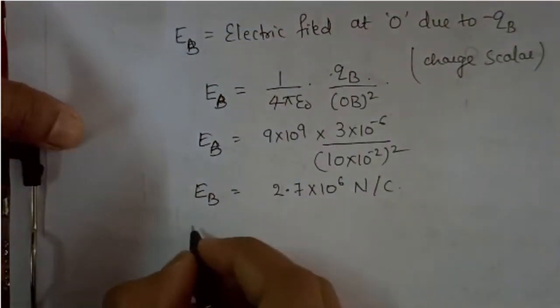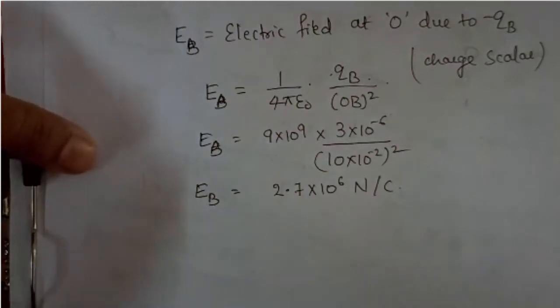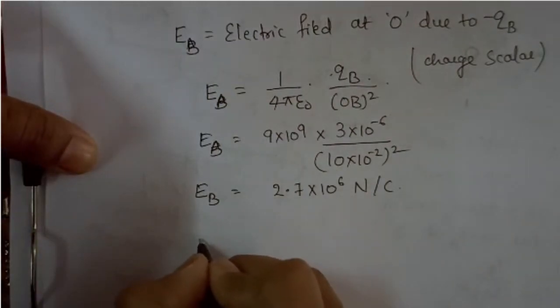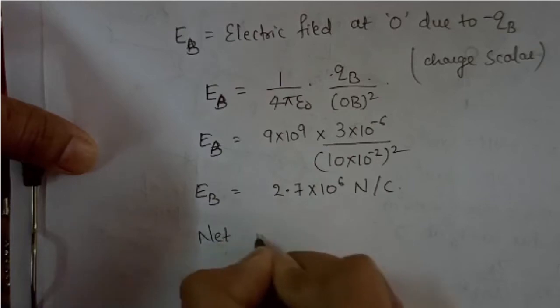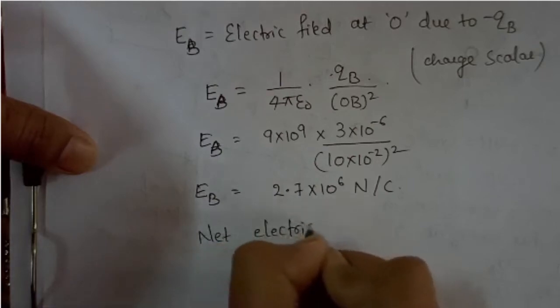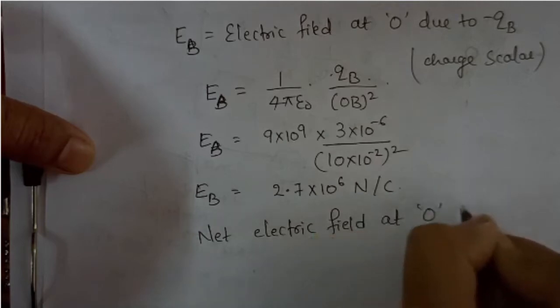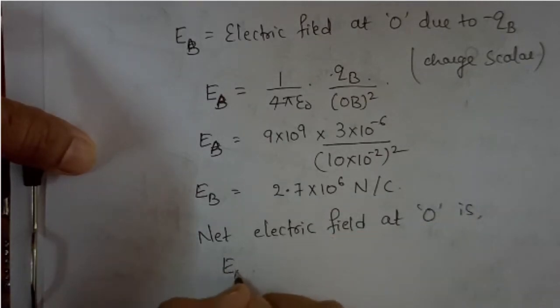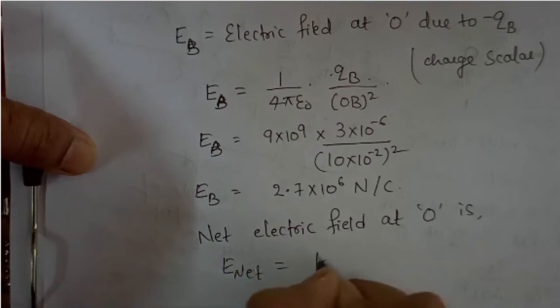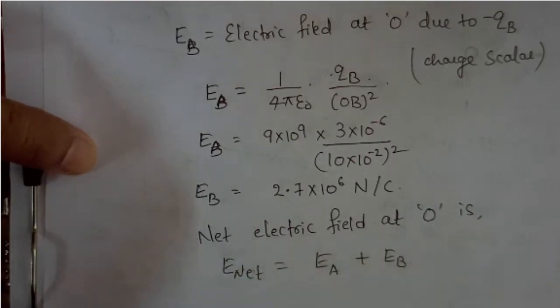Clear? Now what is the next step? By applying the principle of superposition, we are going to find net electric field. So net electric field at midpoint O is, so E net is equals to what? EA plus EB.